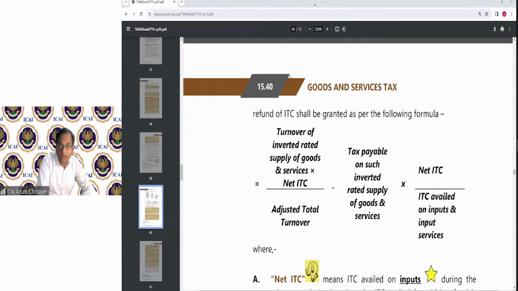The formula is slightly bigger formula. Turnover of inverted rated supply of the goods and services multiplied by net ITC divided by the total turnover.